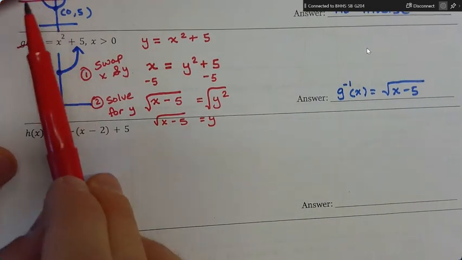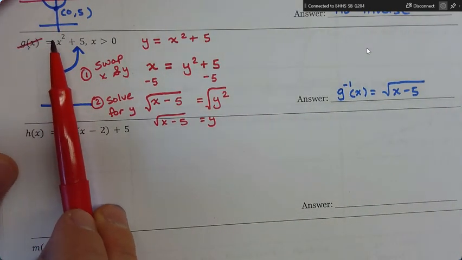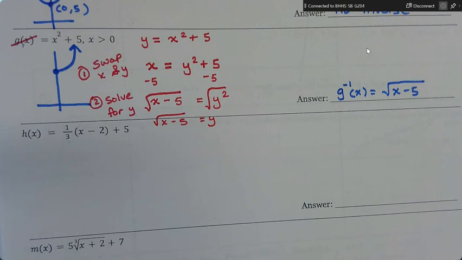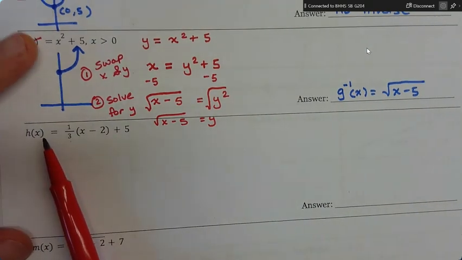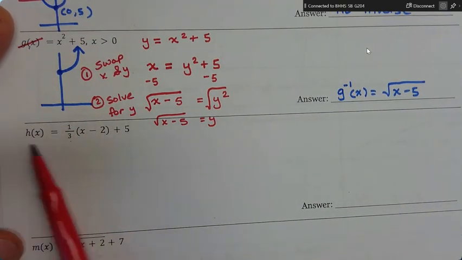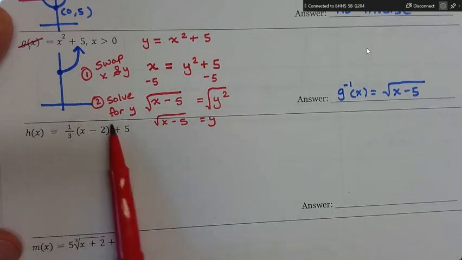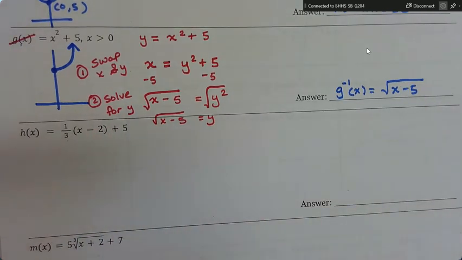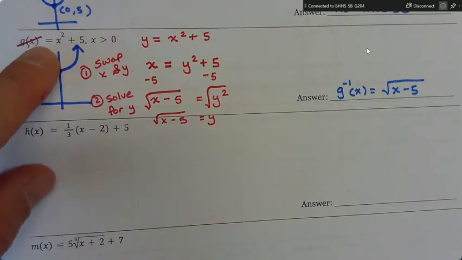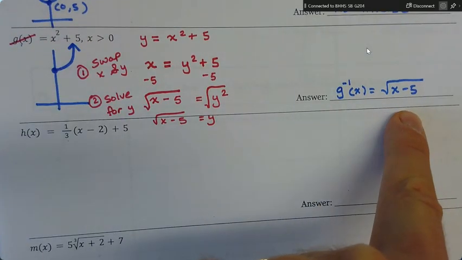Okay, so now we know that when you get a squared, the inverse is going to be a square root. Take a look at the next one. Folks, what kind of function is this? Yeah, it's linear. You got it. Anyone want to guess what the inverse of a linear function is going to be before we find it? Quadratic gave us square root.